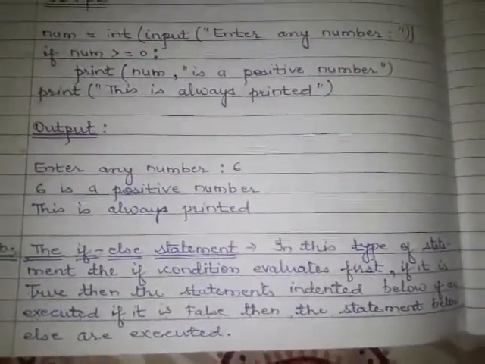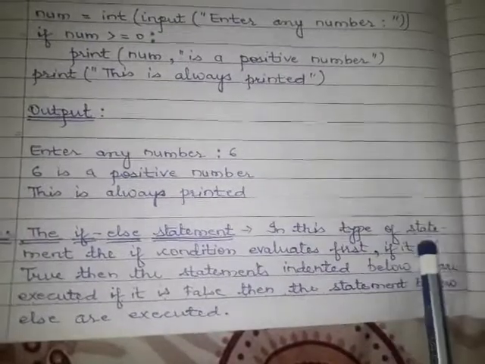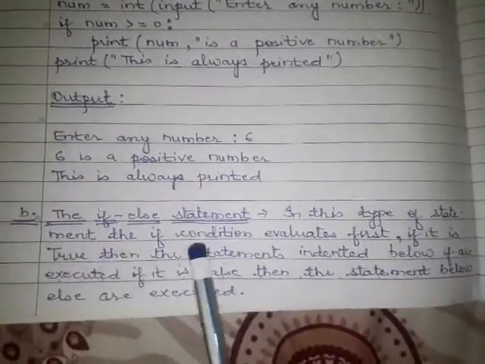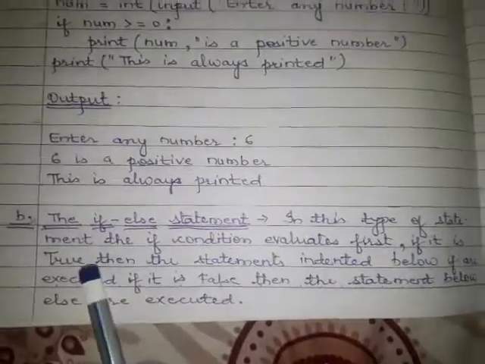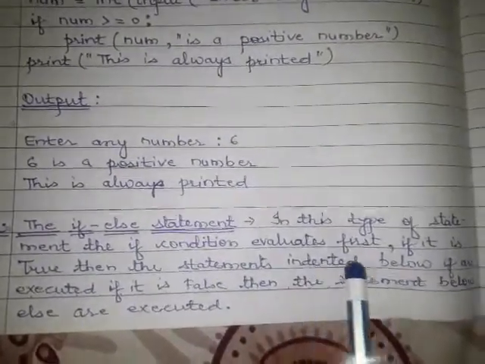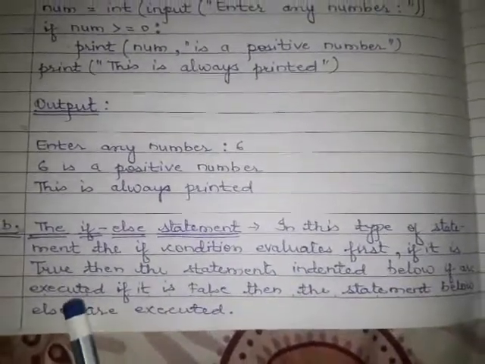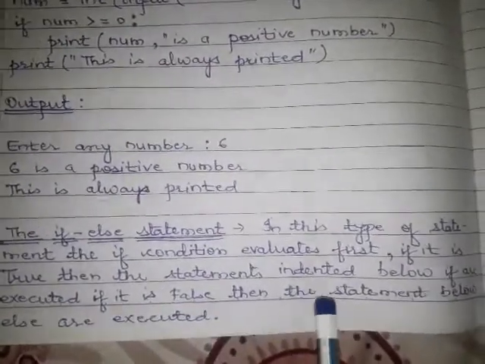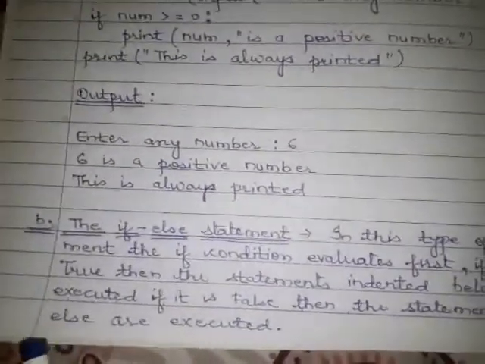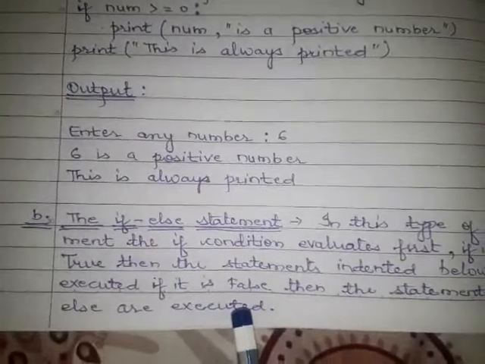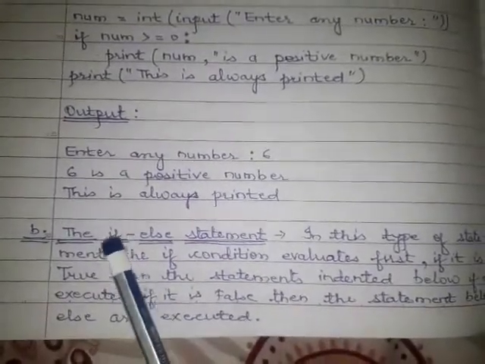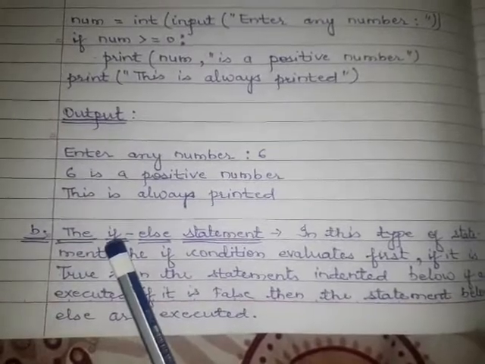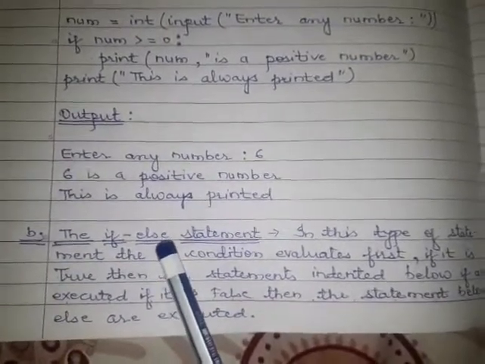In this type of statement, the if condition is evaluated first. If it is true, then the statements indented below if are executed. If it is false, then the statements below else are executed. It means if the if condition is true, then the if block is executed, otherwise the else block is executed.